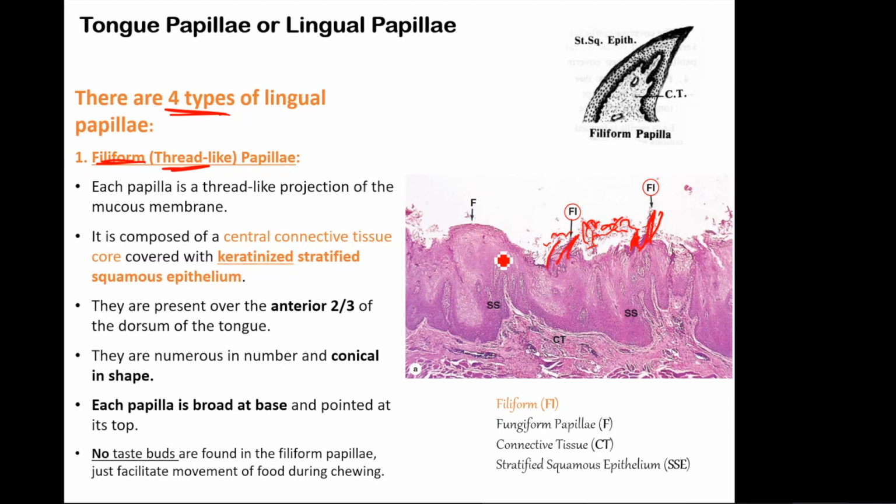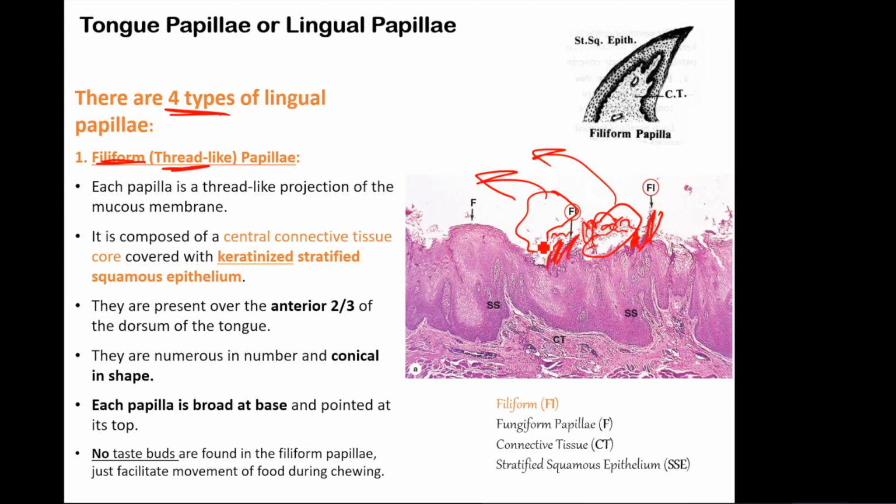Well, guys, they don't play any role in taste. So what is their function? Their function is just to facilitate, like projections, the movement of food particles during chewing, of course.